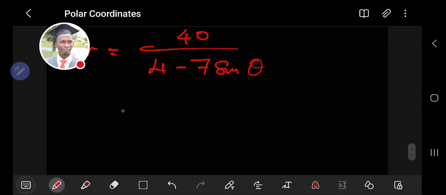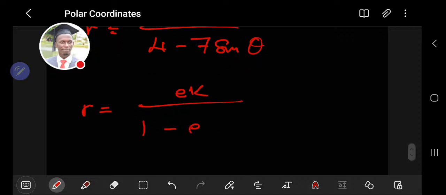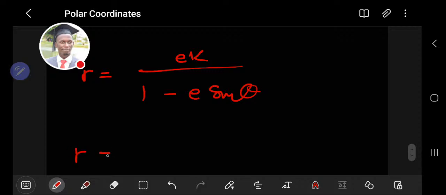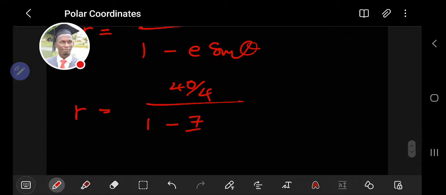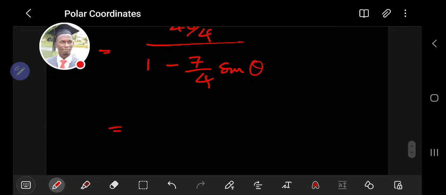So the original shape, seeing a sine there, is r equals ek over 1 minus e sine theta. I just want to make sure that this is a 1 here, so I'll divide everything by 4. So it becomes r equals 40 divided by 4 over 4 divided by 4, that's a 1, then minus 7 over 4 sine theta. 40 over 4, that's a 10. So we're going to end up with 10 divided by 1 minus 7 over 4 sine theta.